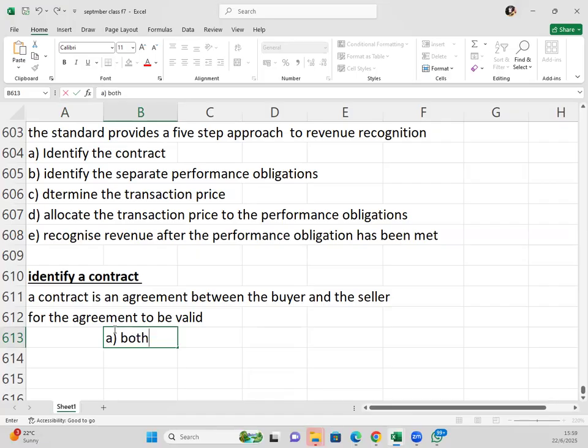So for us to say this is a contract, both parties must be obliged to perform their obligations.